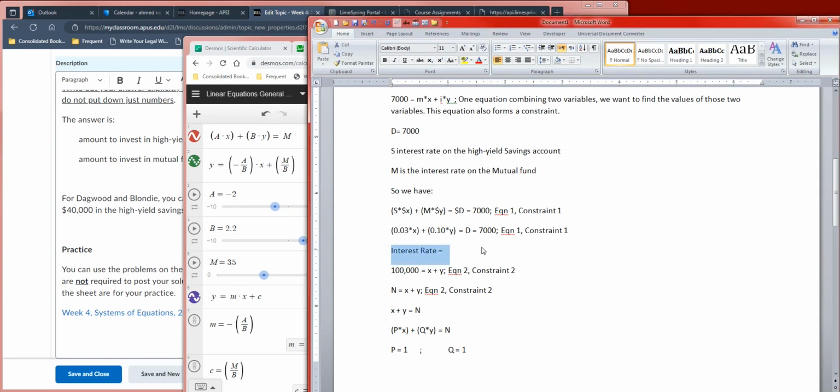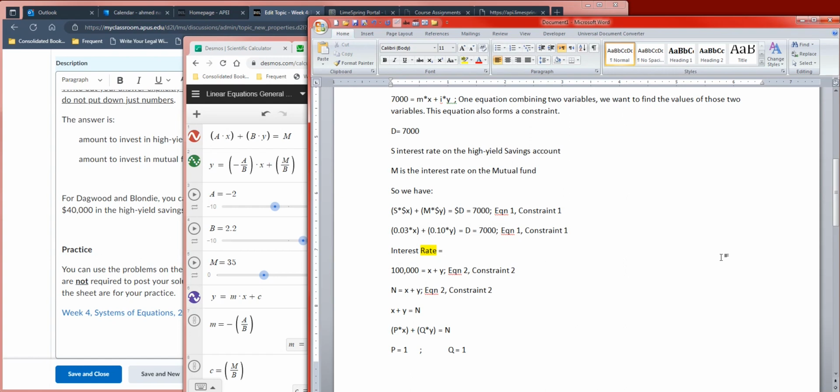Interest rate. So focus on this word rate, right? What is rate? Rate is how quickly or slowly something changes, right? Interest is simply what you're earning on a given investment, right? And so interest rate means how much you earn on that investment in a given length of time, right?